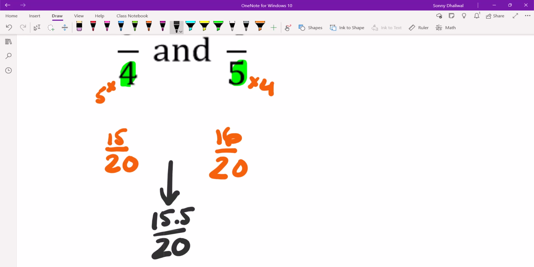So we're going to multiply the top and bottom by 2 and write the equivalent fraction out. So it will be 31 over 40. That's the fraction halfway between those two things. Does that make sense? Yeah. Okay.